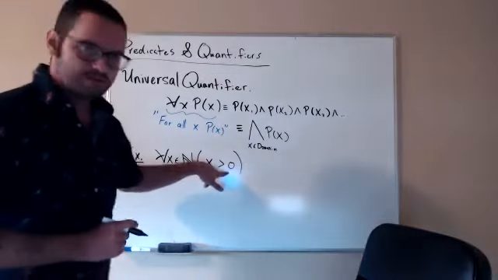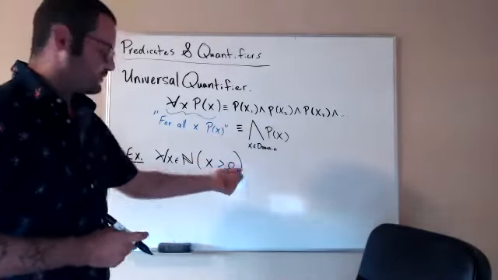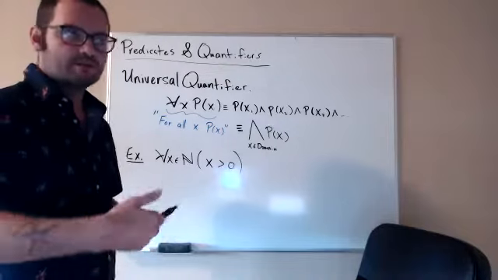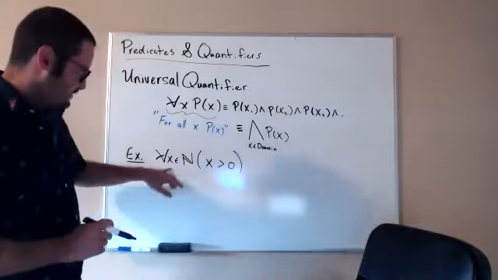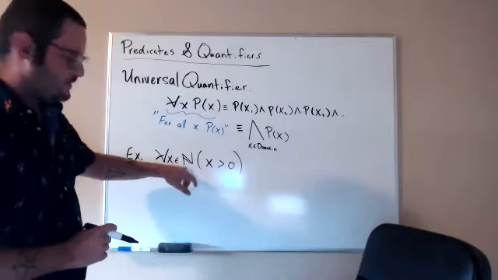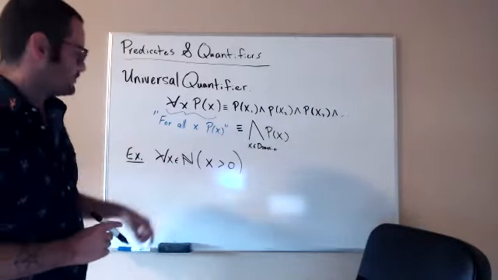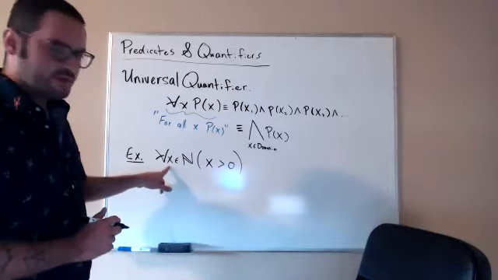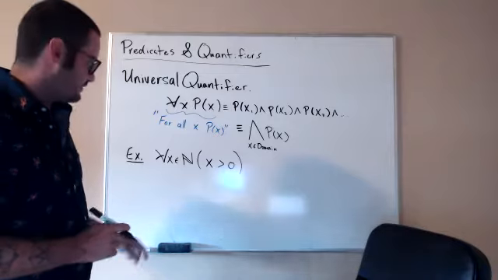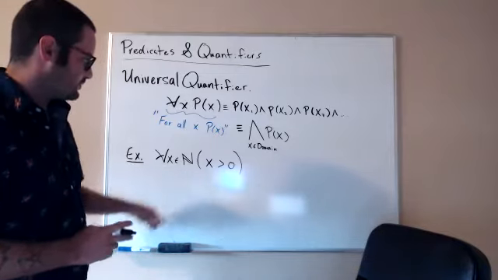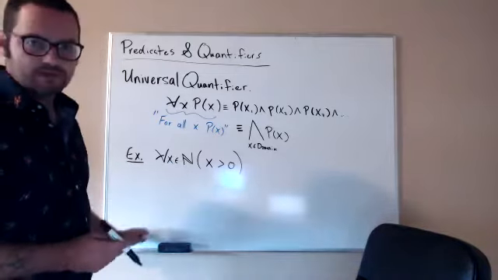So in the parentheses here, we have a propositional function, x greater than 0. We choose an x, and then we check it to see if it's true. Here x is an element of the natural numbers. So for all natural numbers x, x is greater than 0. That's how you would read that.